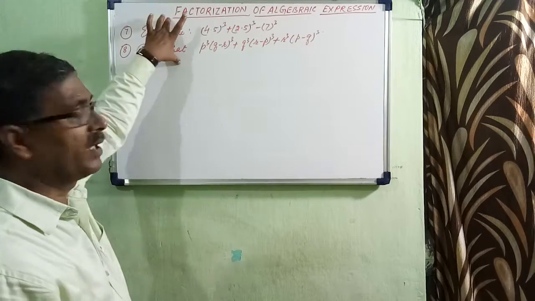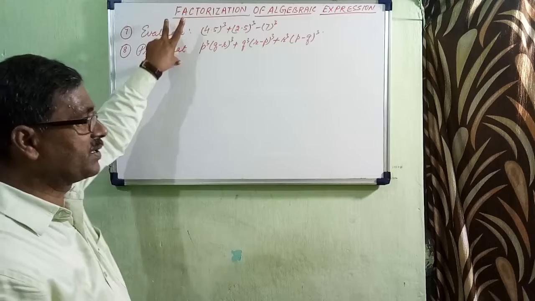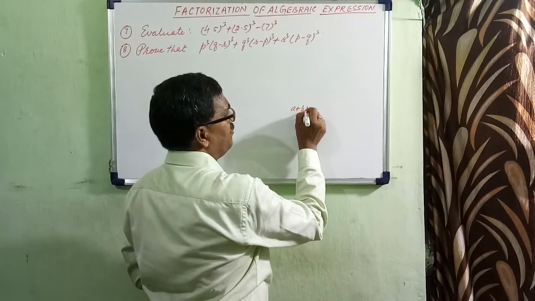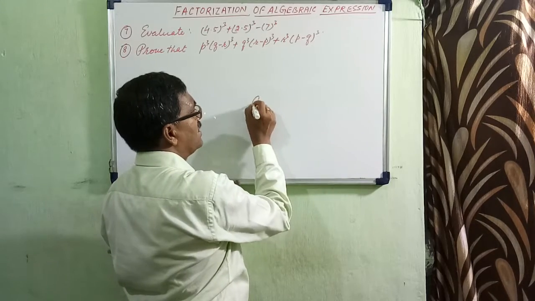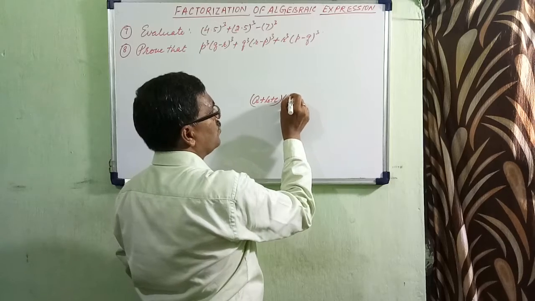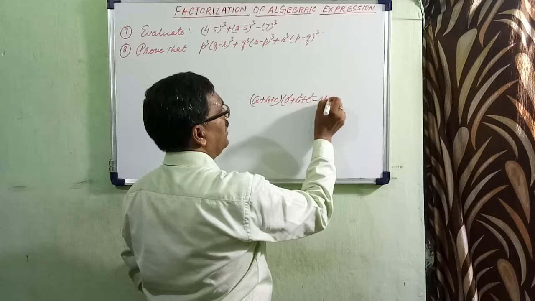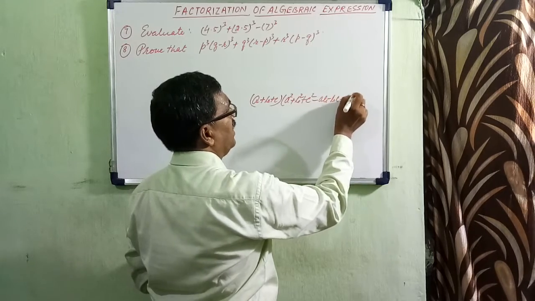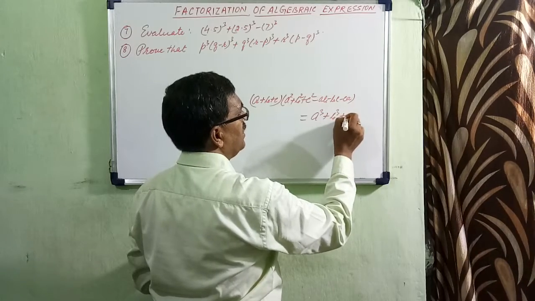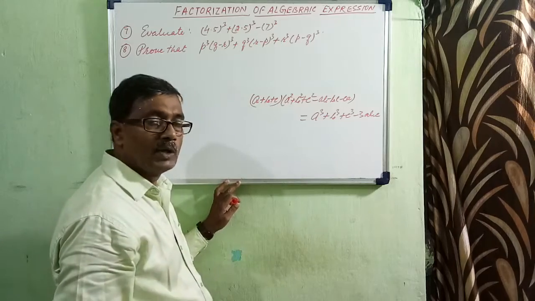Now these questions are based on conditional identities. What are conditional identities? Look at here. Just now we have discussed (A plus B plus C) into (A square plus B square plus C square minus AB minus BC minus CA) is equal to A cube plus B cube plus C cube minus 3ABC. So what is the condition?